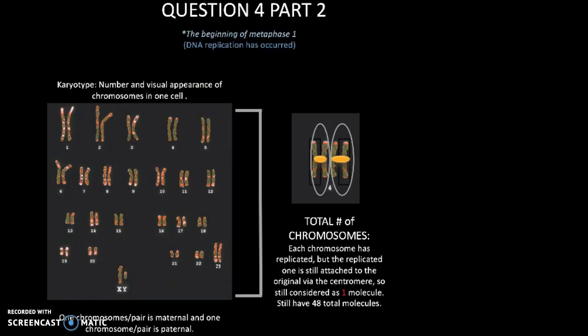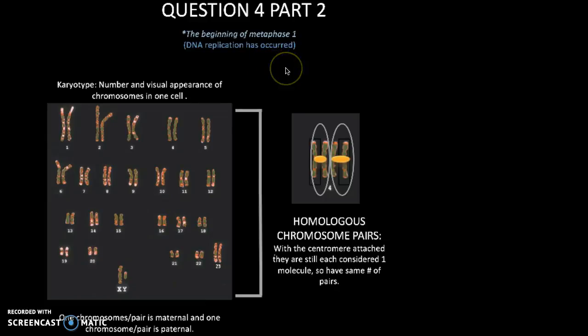Okay, moving on to part number 2. So in this question, they're asking about the composition of the cells at the beginning of metaphase 1. So in order to answer this, you need to know what's happening at metaphase 1 and where that lies within the cell cycle. So metaphase 1 is after DNA replication has occurred, but before sister chromatids have separated into separate cells and before homologous chromosome pairs have separated into cells.